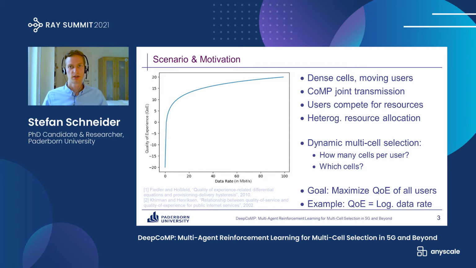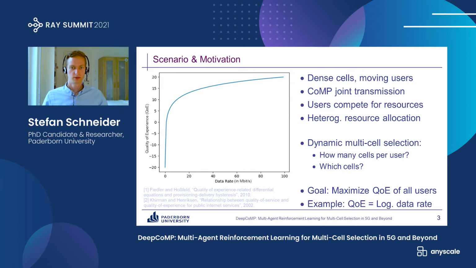One nice thing about this utility function is that it implicitly encourages fairness, because if we want to maximize the total quality of experience for all of our users, we can do this most effectively by improving the data rate of users that currently have a low data rate and low quality of experience, because then we get a huge gain in QoE, whereas improving the data rate of users that already have a high rate is not so helpful. As I said, this is all based on previous studies, but it's just an example. We could also easily optimize any other utility function.